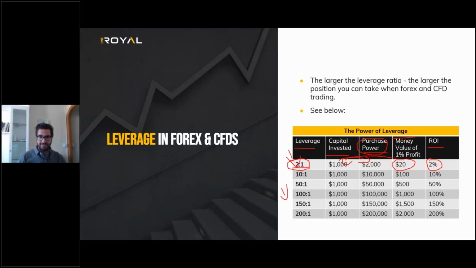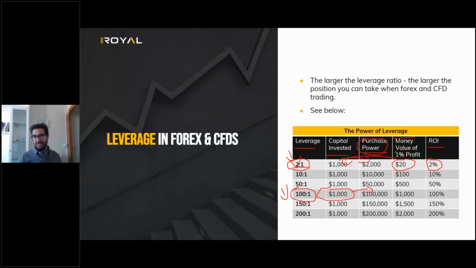However, if we scale up the leverage to 100 to 1, the purchasing power now is 100,000. So in CFDs, if you have $1,000, you will be able to trade with an amount of 100,000, which is 100 times the $1,000.